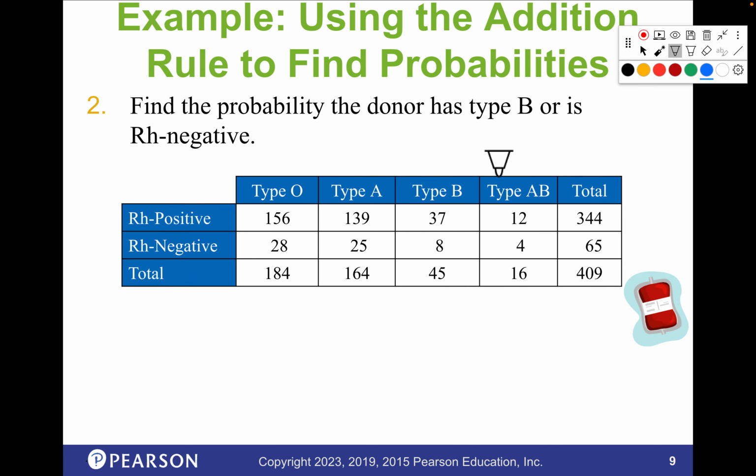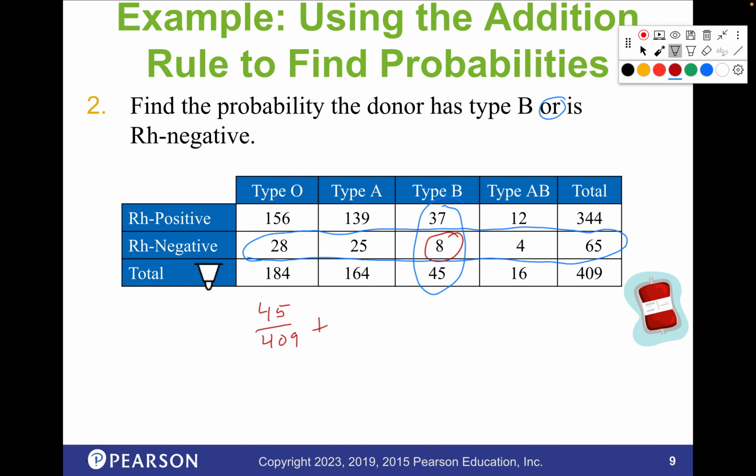Find the probability the donor has type B or is Rh negative. So type B is here, and you'll see what I mean by Rh negative is right here. Is there any overlap? Yes, right there. Now, the way to use the formula is we would say, okay, calculate the probability of having type B. That would be 45 out of 409.